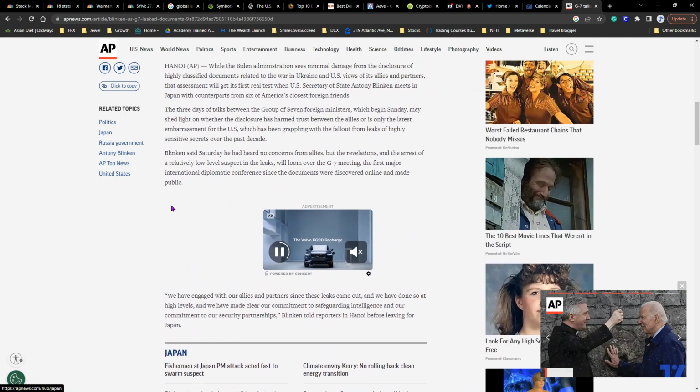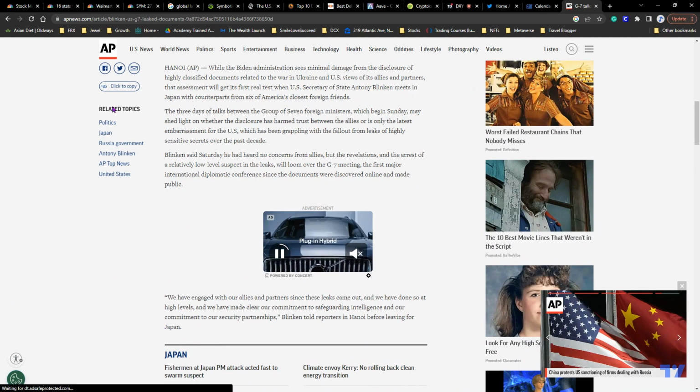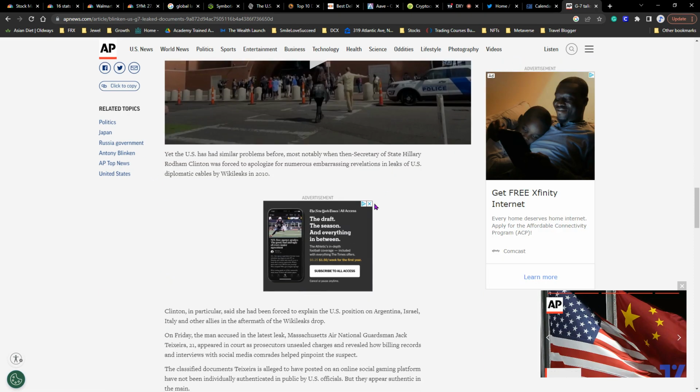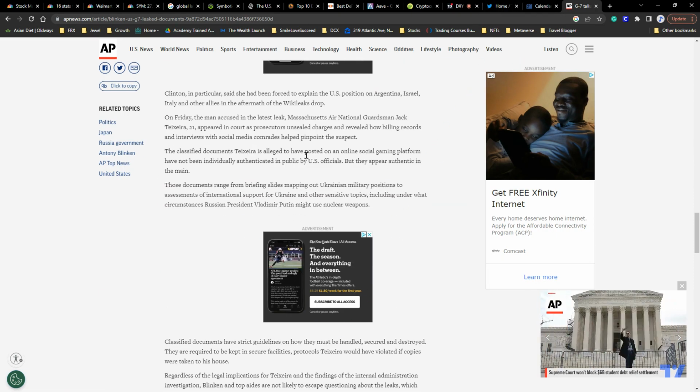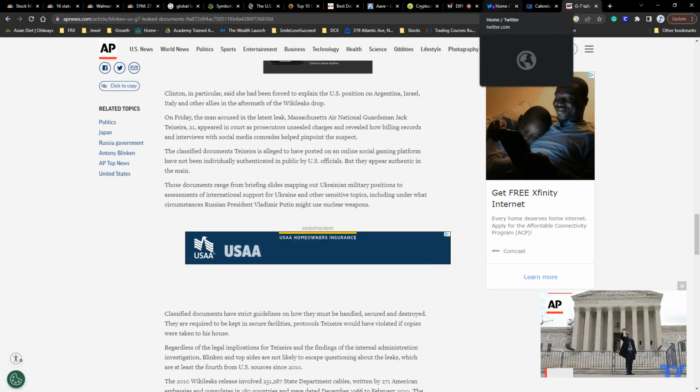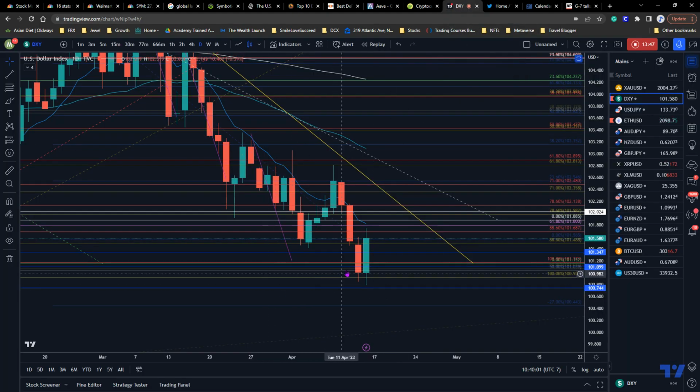Whether something negative or positive happens because of the backlash, it can be good or bad, but it will ultimately affect the DXY. It'll affect where price will be headed, and how willing other countries are to do business with the U.S.